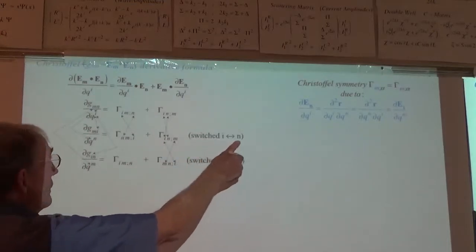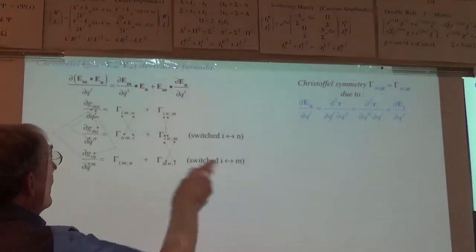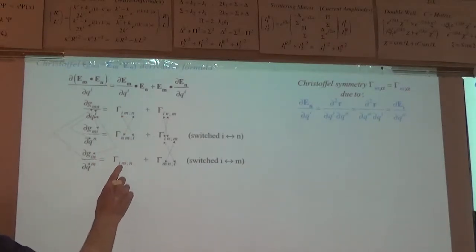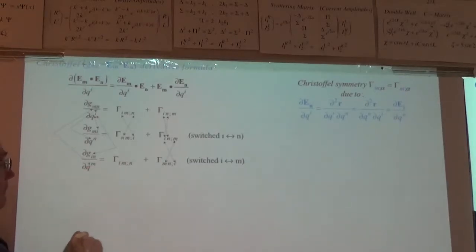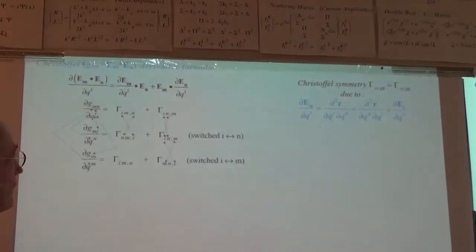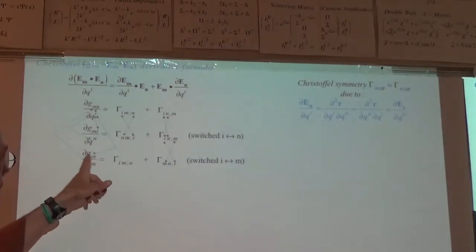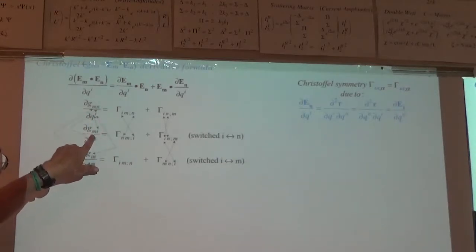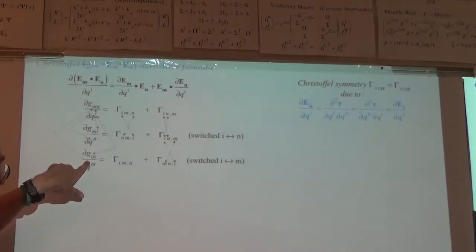Here I switched the i with n, here I switched the i with m, although I didn't really switch the i with m because it doesn't make any difference which order you have i and m in the first two places. The same is true for this one and this one and this one. But in any case, the arrows trace where we've done those switches here and for this.